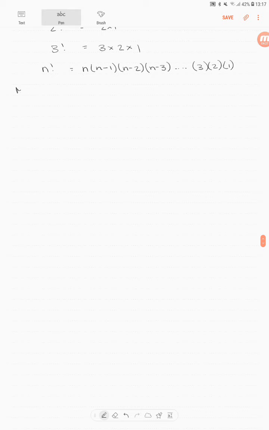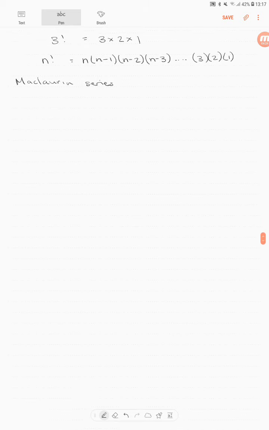Okay. So for the Maclaurin series, let's do an example. If we have the function f of x equal to 1 plus x to the power of mu. Note this isn't a u, but mu, the Greek letter. What we first need to do is calculate the derivatives.